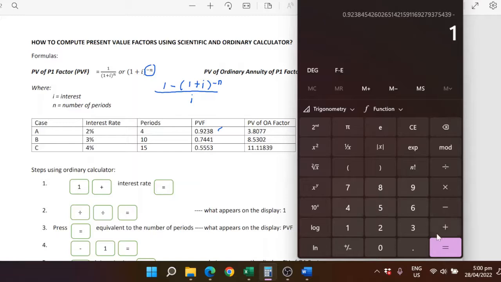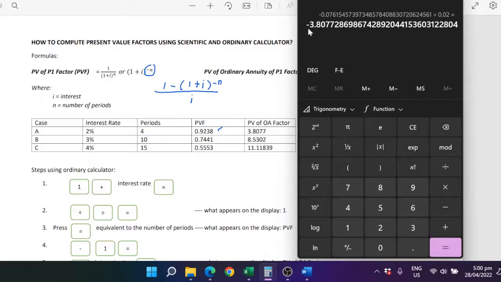As a result of this operation, the answer would be negative because we reversed the 1. It's supposed to be 1 minus 0.9238. So, just go on with the computations. The next is to divide it by the interest rate, which is 0.02, and then equals.